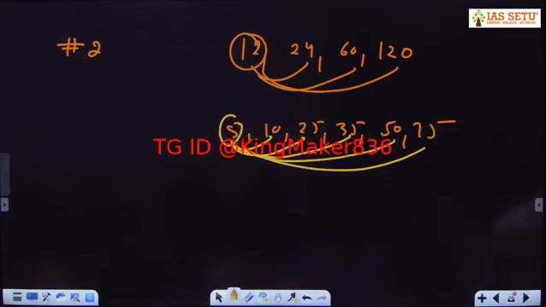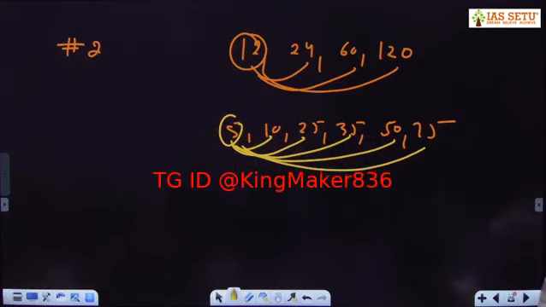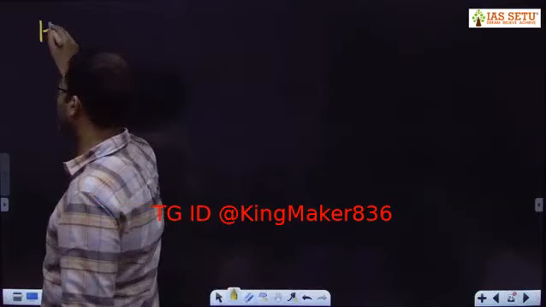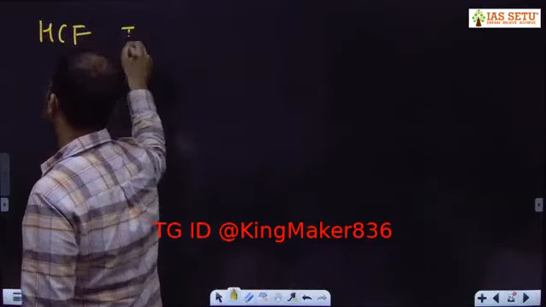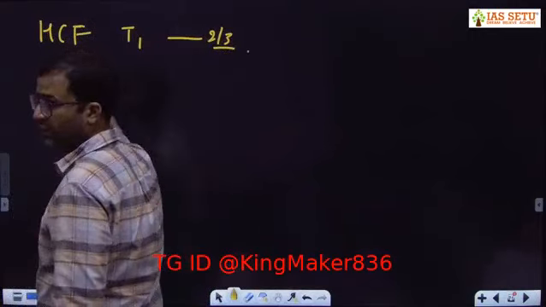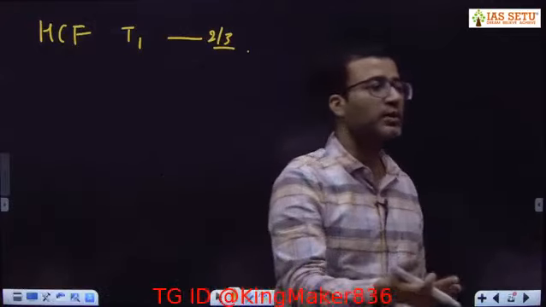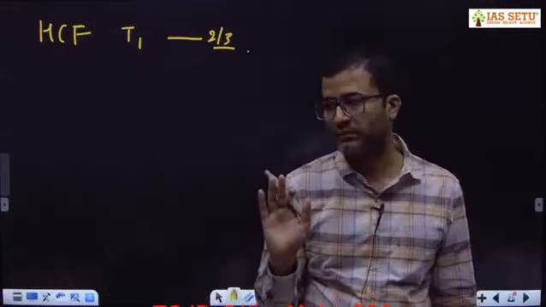Okay, fine. Now we start our type 1 HCF. Type 1 HCF, we have to find HCF of 2, 3 numbers. You already know how to find HCF. If numbers are small, you can use the factorization method. If numbers are big, you can use the division method.